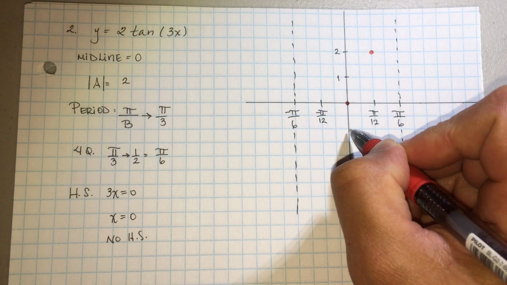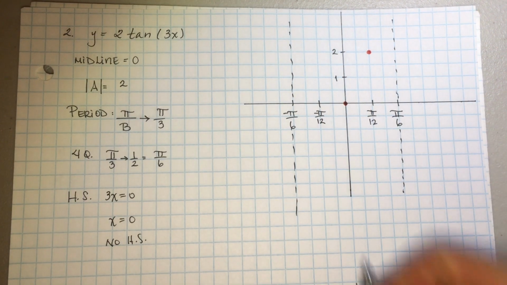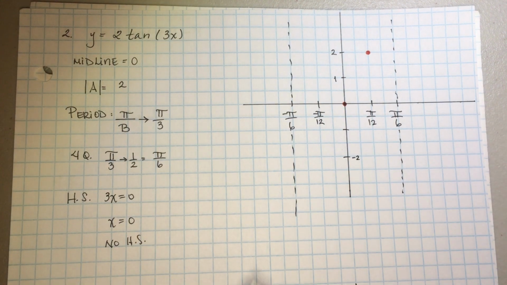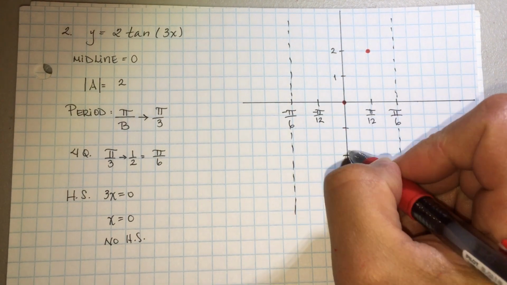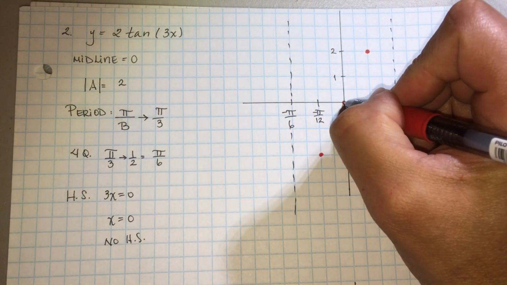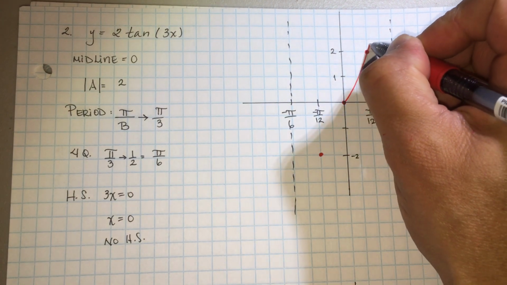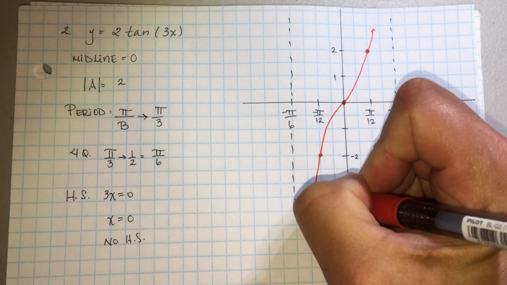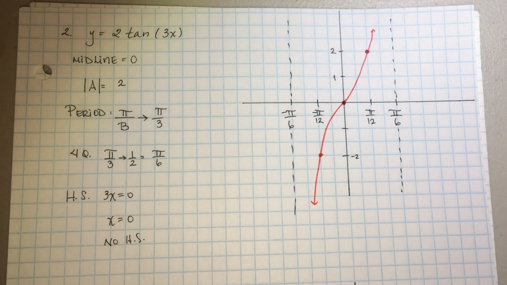Same thing, you go down to 1, 2, that'll be negative 2. And you go 1, 2, so it should be right here. Okay, and then you curve it, smooth line, starts curving, and there it is.